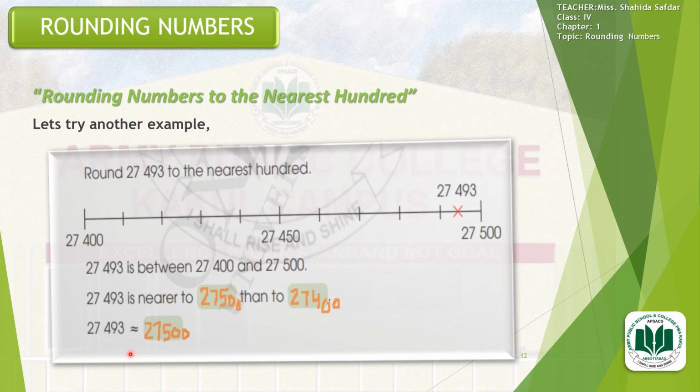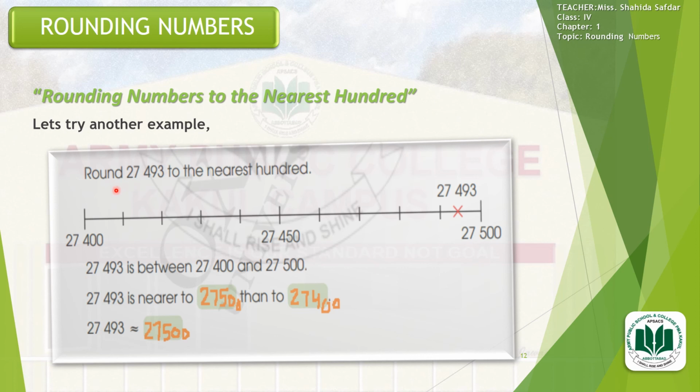My dear students, the point to remember here is that when we round this number, 27,493, to nearest hundred, the digits which are left of our required digit will remain the same, that is 27 here. 4 is our required digit that has to be rounded off.